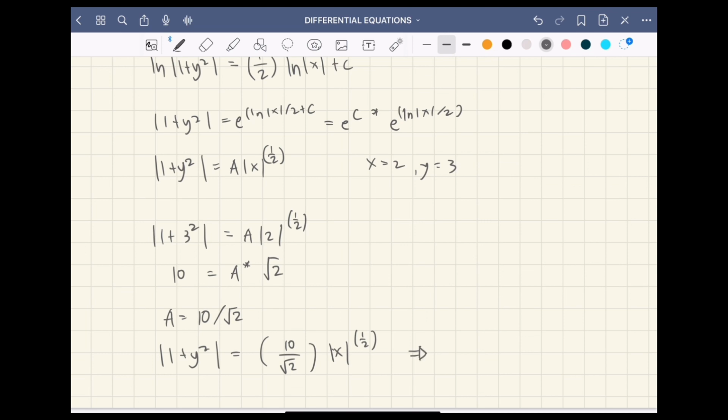Or we can write it as y equals 1/2 of square root of 10 of x squared minus 4.